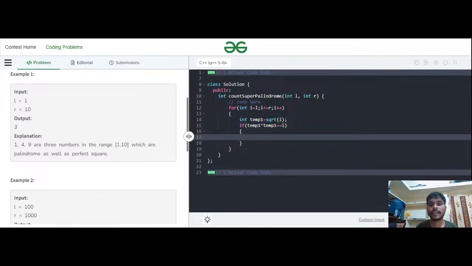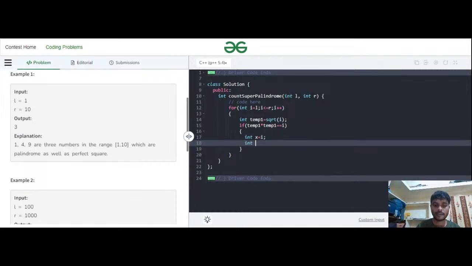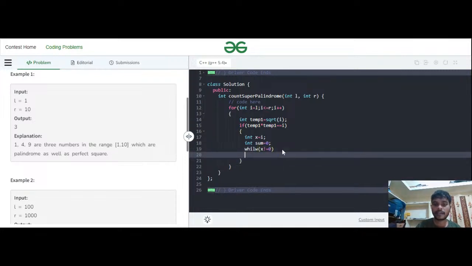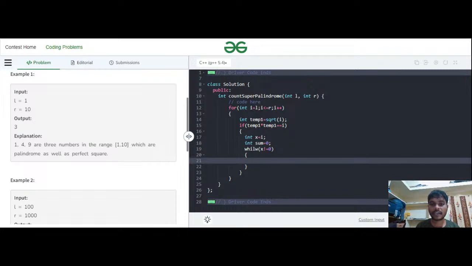One more thing we have to do: I am taking some variable, int x is equal to i, and int sum is equal to 0. While x is not equal to 0, I am reversing that number.